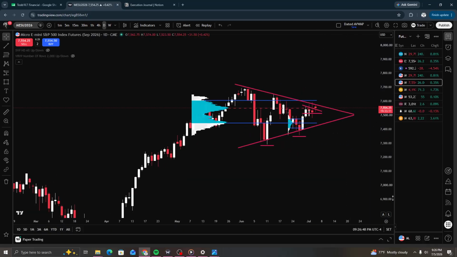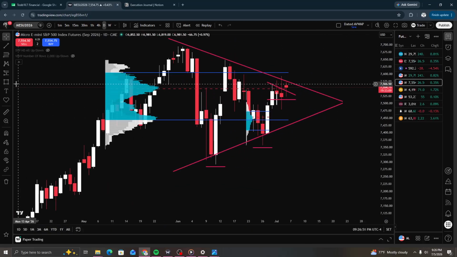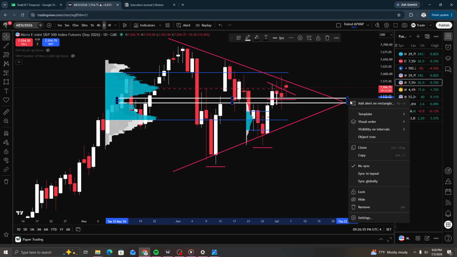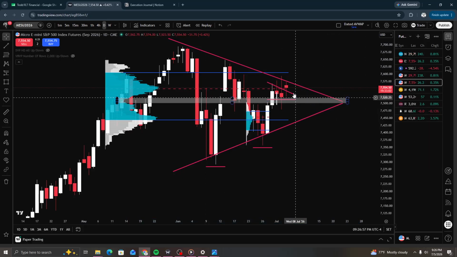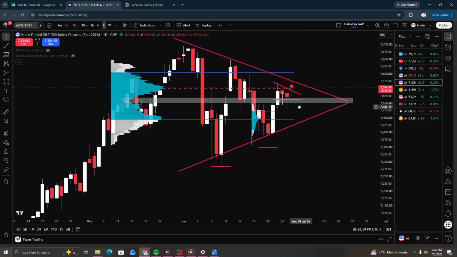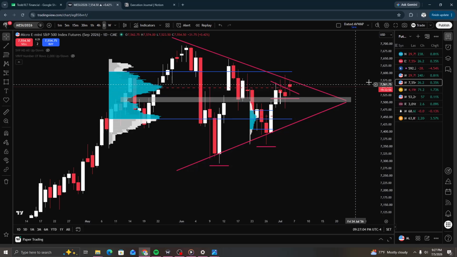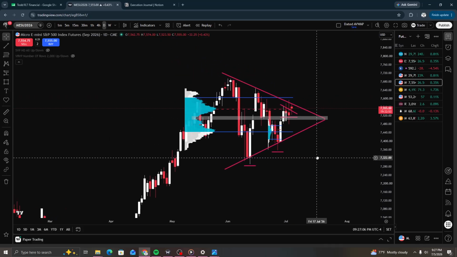Not a fan, okay? With that being said, we have a clear low volume node here on ES. So I am not short until we're below this area. In longs, I'm not a fan of being long.